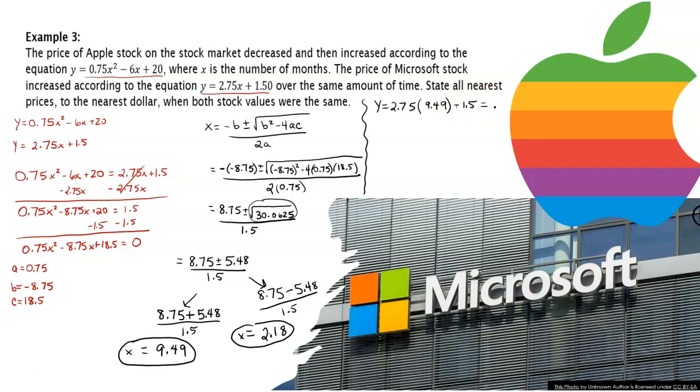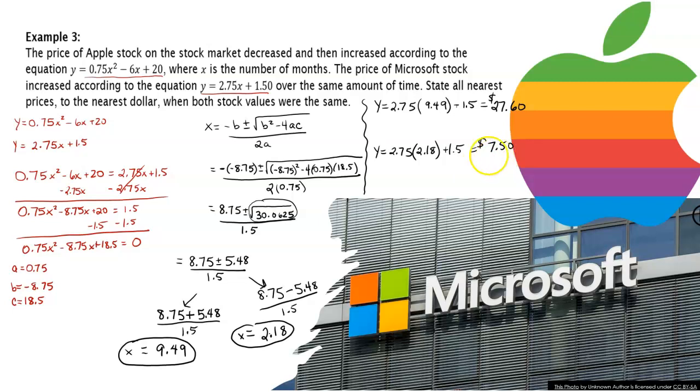This is equal to $27.60. The other one is y equals 2.75. Plug in your 2.18 plus 1.5. And this one gives us $7.50.